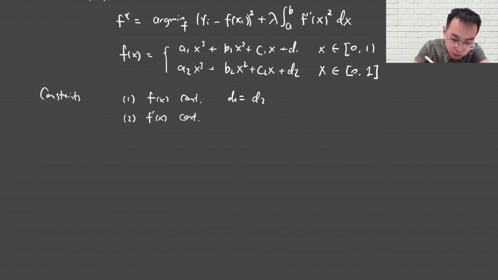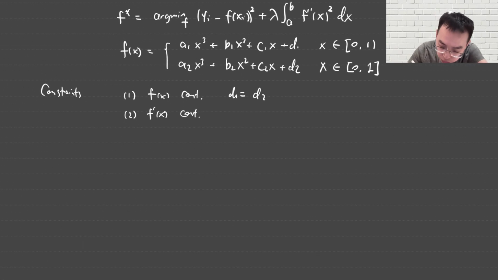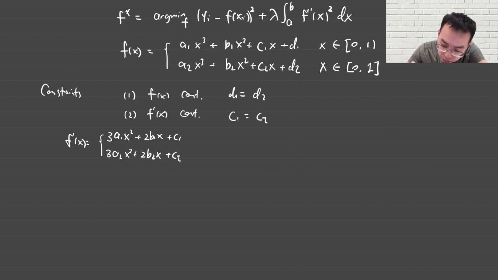So f prime of x is going to be 3a1x squared plus 2b1x plus c1, and that's going to equal 3a2x squared plus 2b2x plus c2. That gives us c1 equals c2.